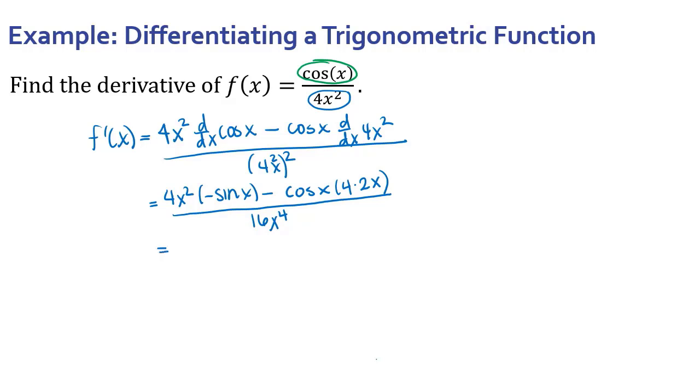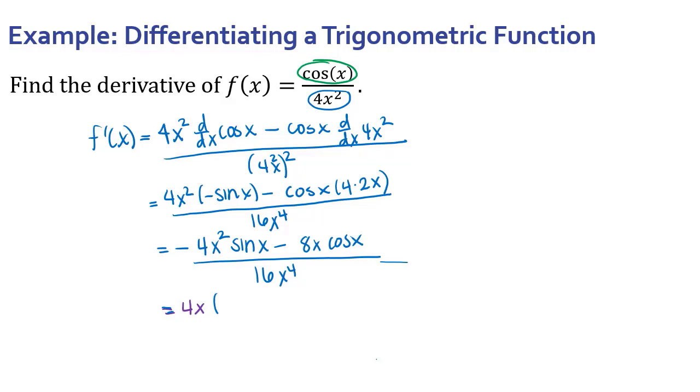So this becomes negative 4x squared sine of x minus 8x cosine of x all over 16x to the fourth. If I look at the numerator and denominator, it looks like I can actually factor out a 4x. If I do that, I'm left with the first term divided by 4x, which leaves me with x sine of x.